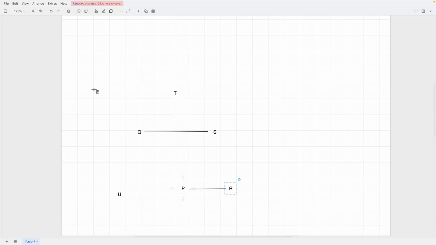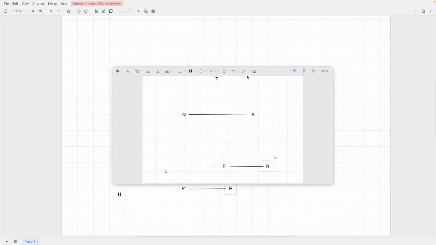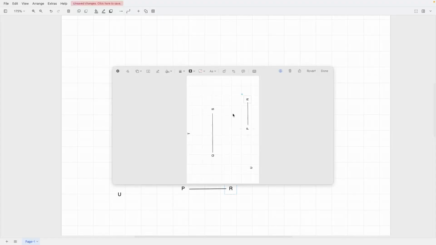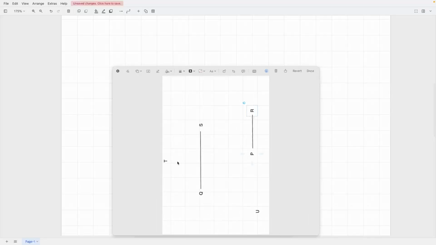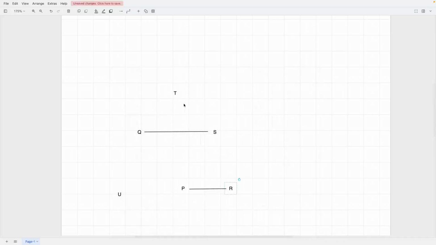Rotating them would not really change anything. This is still parallel, R is still on the side opposite to T, and U is not on the same side as S, right? So you did not even need to consider all those rotations and possibilities, because you constructed it from the basic constraints that were presented to you.